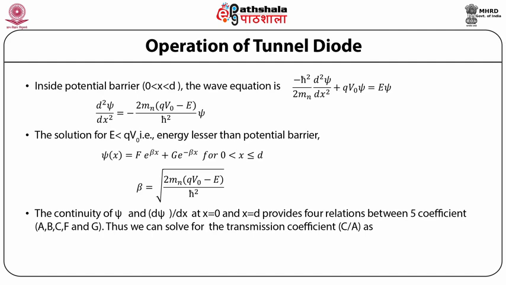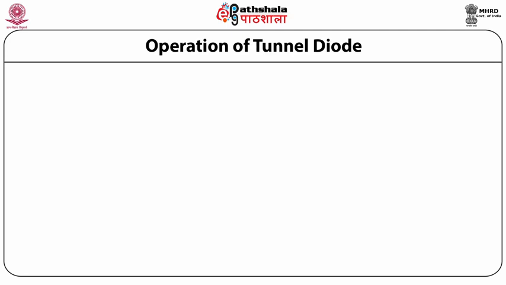So we can solve for the transmission coefficient, (c by a) the whole square, as equal to 1 plus [(qV0) sinh(beta d) divided by 4E multiplied by (qV0 minus E)], this whole to the power minus 1.